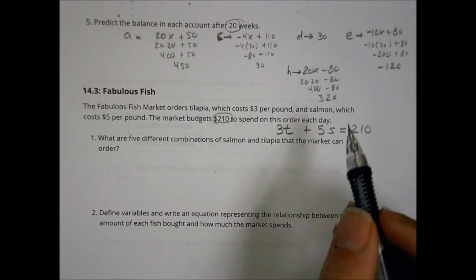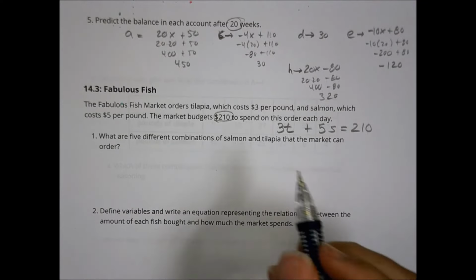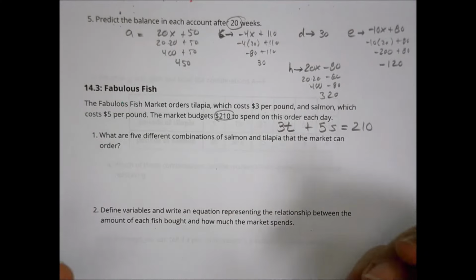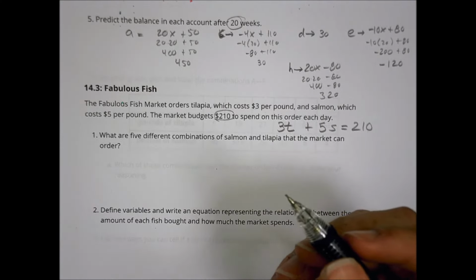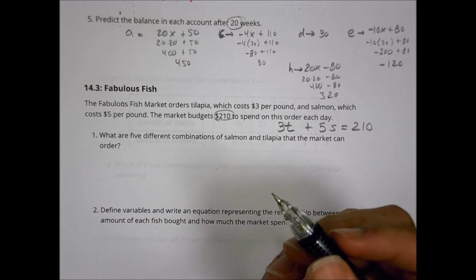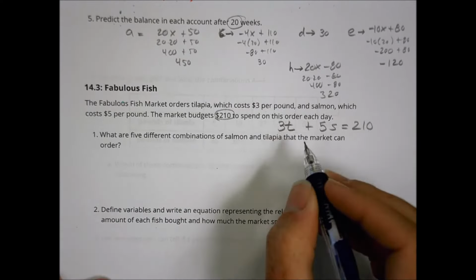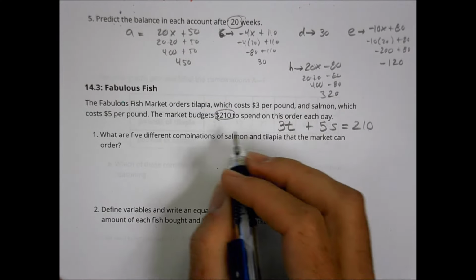That's our equation. So in terms of combinations that I could use for how this might work out, I can just kind of guess some numbers and figure that out there. But I want to end up with 210. I want to end up with an actual solution here as well. So let's do some zero solutions first of all. Let's pretend that I don't order any of the tilapia. Okay, so I order 0.